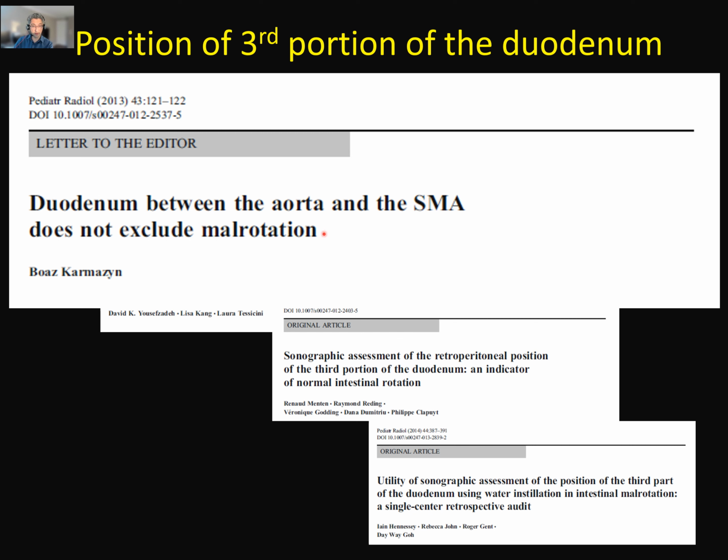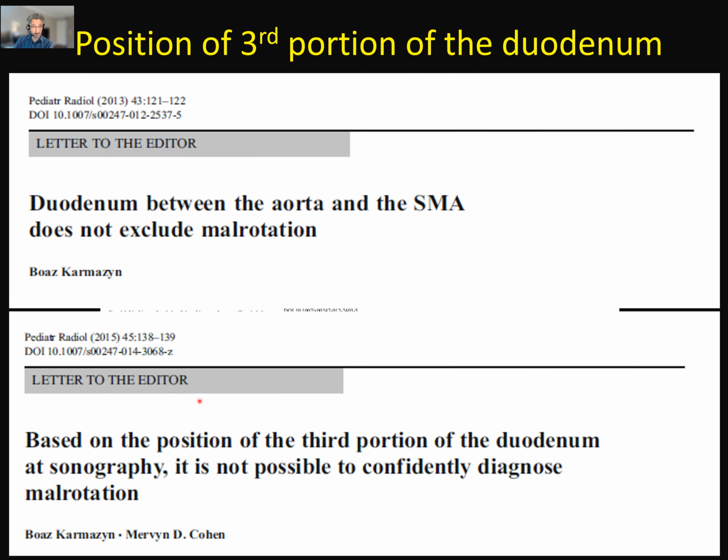For example, in this one there was an exceptional case: even though the duodenum was between the aorta and SMA, it was a malrotation, and another one. So it is close to 100%, but there are always exceptional cases. It's for sure more accurate than the position of SMA and SMV, but technically determination of SMA and SMV position is easier.